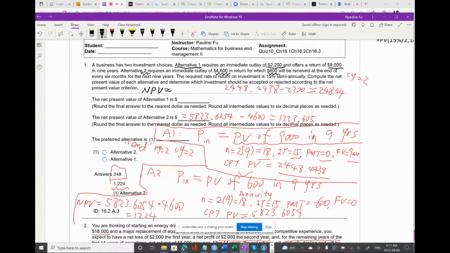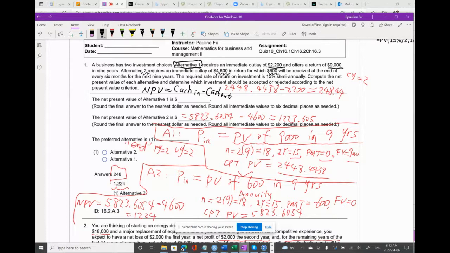The definition of net present value is cash in minus cash out. So money in minus money out. For alternative one, we already know money out is 2,200. So we need to calculate money in, cash in. This 9,000 in 9 years, what is the equivalent present value of 9,000?